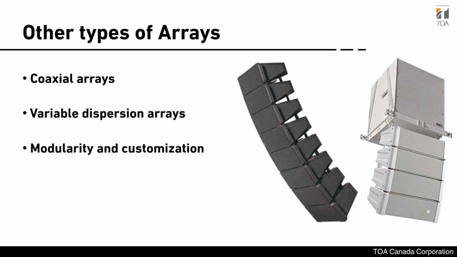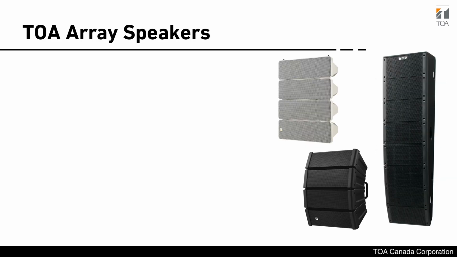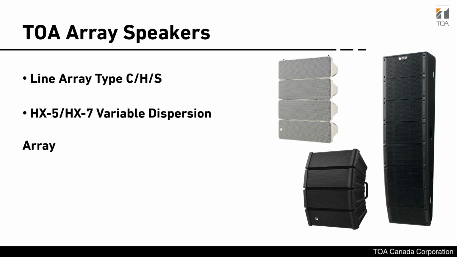This idea is similar to modular design, where you can customize the system to fit your exact needs. TOA array speakers are the line array Type C, H, and S, HX7s, HX5, and the HS series coaxial array.